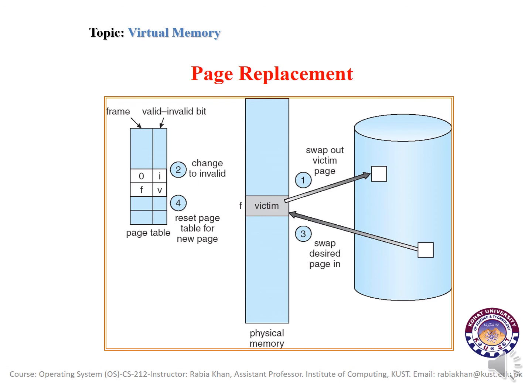The required page is then brought into RAM from secondary storage as shown in step 3, and its respective entry in the page table is updated from 0 to 1 as shown in step 4. So an old page has now been replaced with the new one.